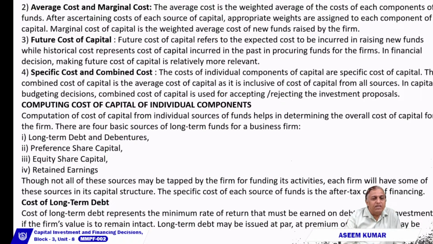Though not all of these sources may be tapped by the firm for funding its activity, each firm will have some source of funds in its capital structure. The specific cost of each source of funds is after tax cost of financing.